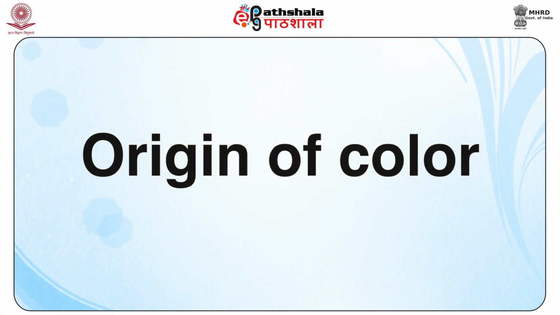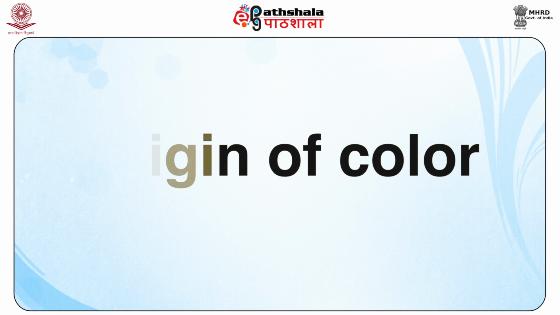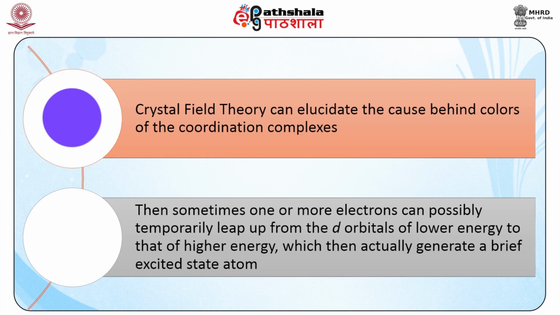First of all, we will look at the origin of color in the complexes. Crystal field theory can elucidate the cause behind colors of the coordination complexes. Sometimes one or more electrons can possibly temporarily leap up from the d orbitals of lower energy to that of higher energy, which then actually generates a brief excited state atom.